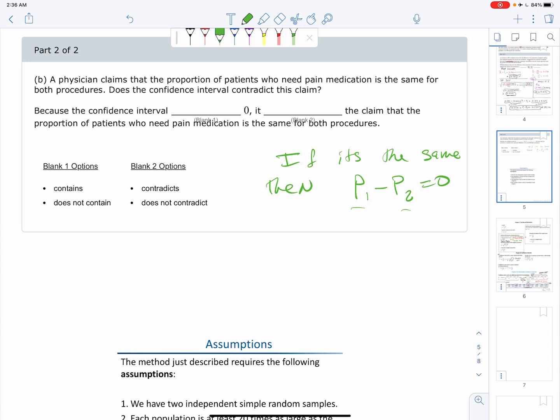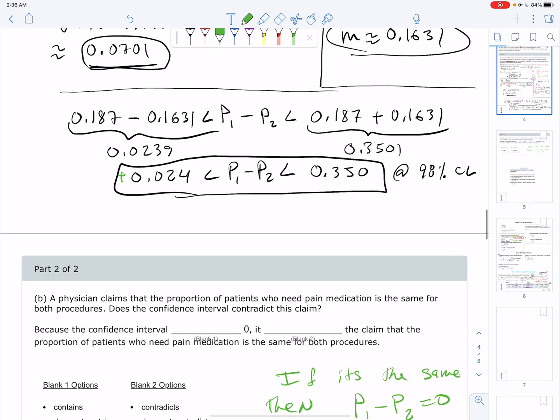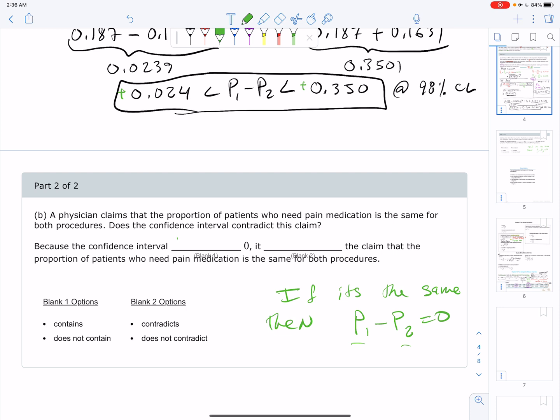So we better see what our confidence interval has. Because the confidence interval, well, wait a minute, that's positive and that's positive. So 0 is not in between there. So because the confidence interval does not contain 0, it contradicts the claim that the proportion of patients who need pain medication is the same for both procedures.